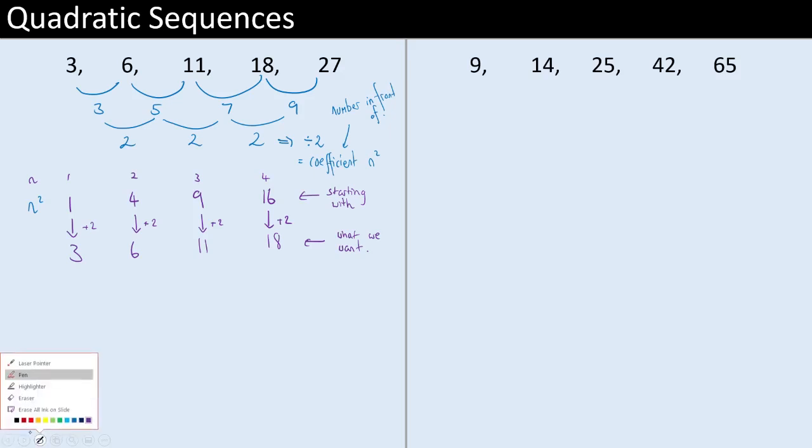So my nth term of my sequence is going to be n squared, because that was the first part of my sequence that I knew from doing this bit up here, plus 2. The bit that I knew I had to add on to get the sequence that I wanted.